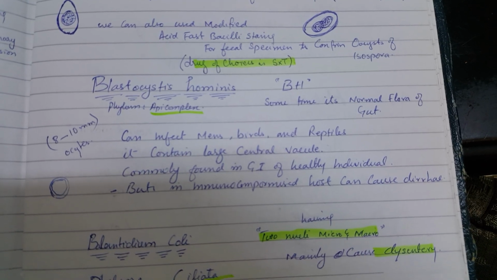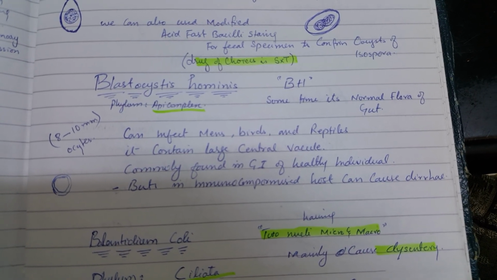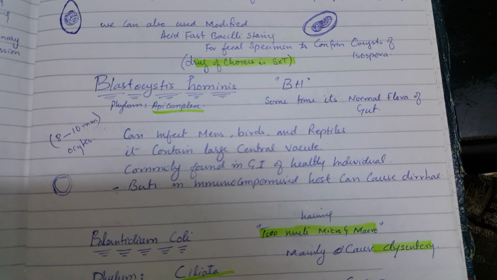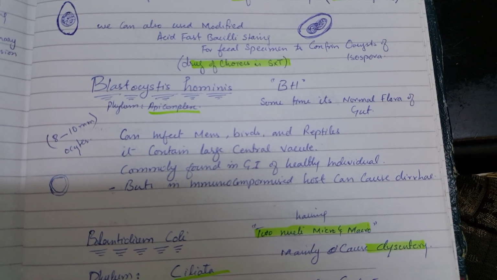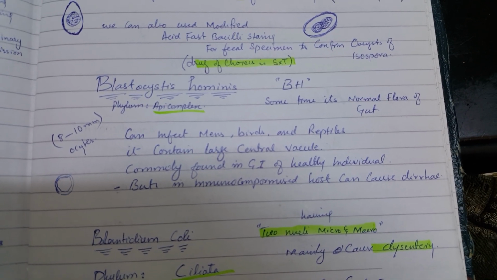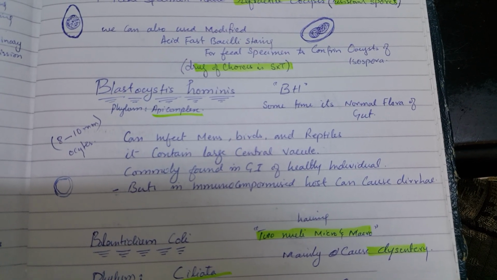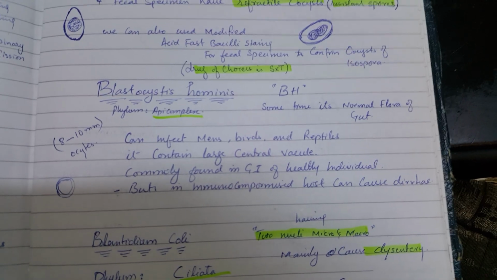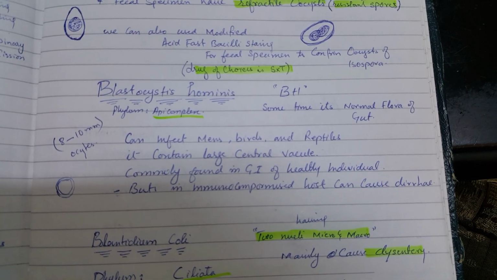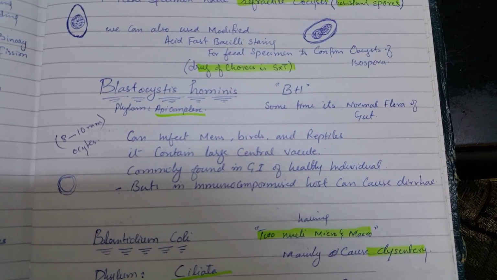Blastocystis hominis is a normal flora of the gut, and it belongs to the Apicomplexa phylum, and can infect mainly birds and reptiles. It contains a large central vacuole, is commonly found in the GI tract of healthy individuals, but in immunocompromised hosts it can cause infection, so it is an opportunistic amoeba.